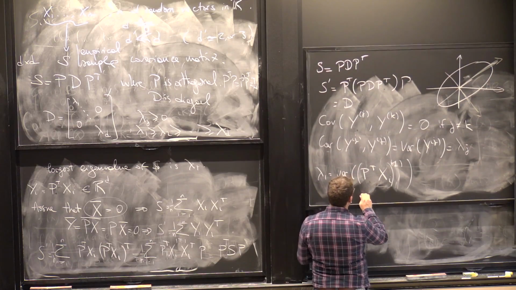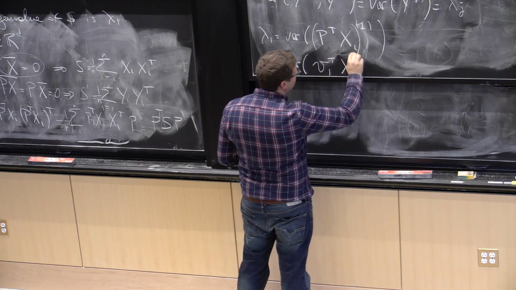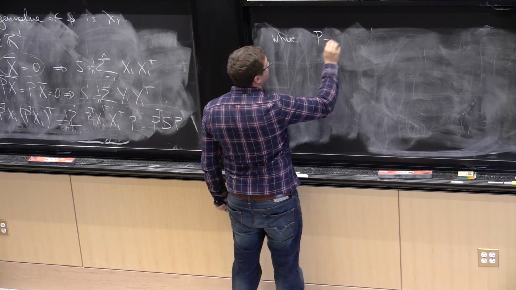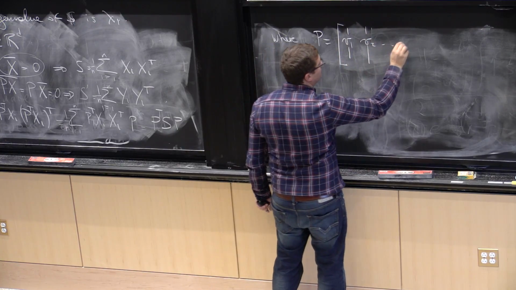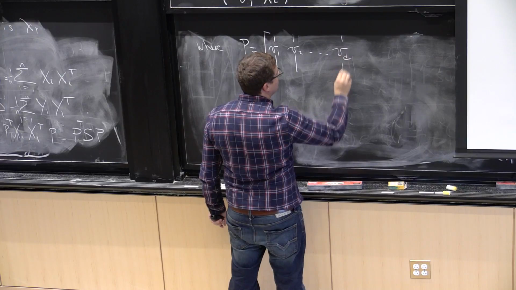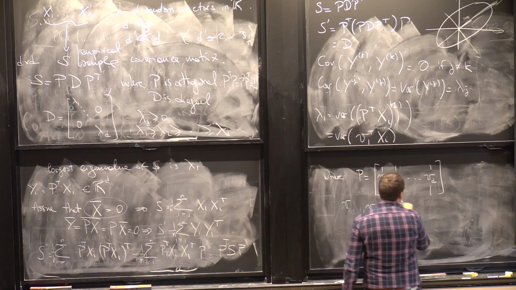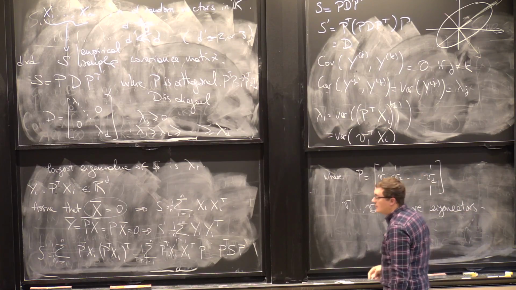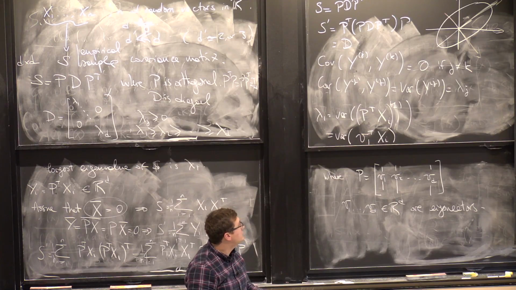So that's the variance of what I'm going to call v1 transpose xi, where the v1 to vd are the columns of P. They are eigenvectors, and each vi is associated to lambda i. That's what we saw when we talked about this eigen decomposition a couple of slides back.